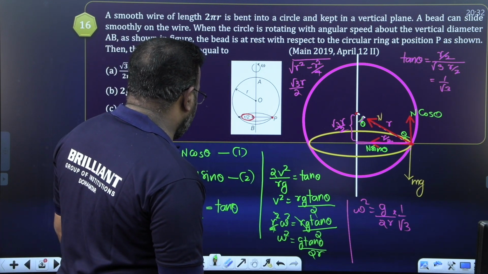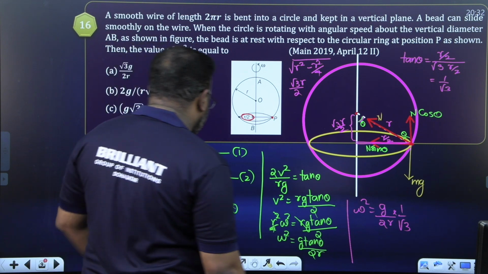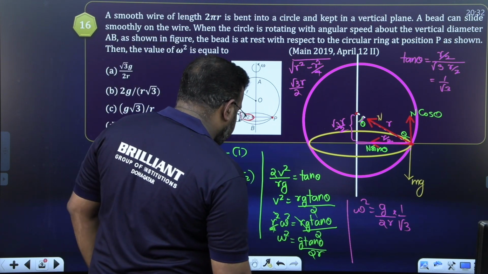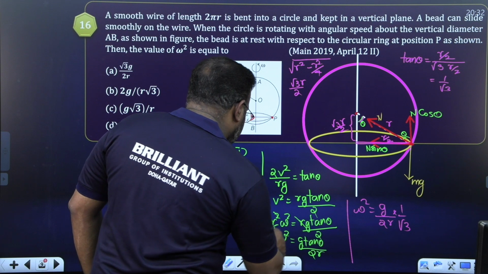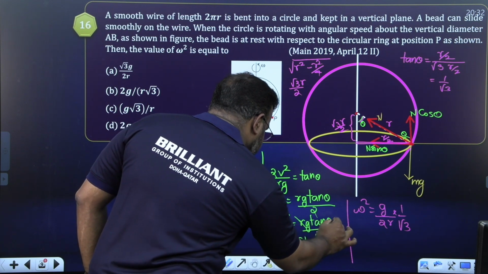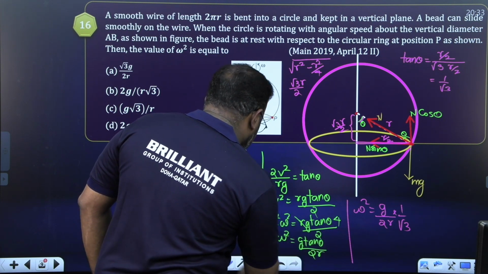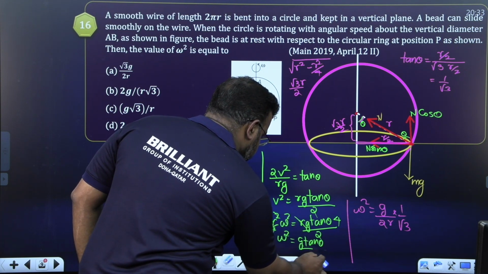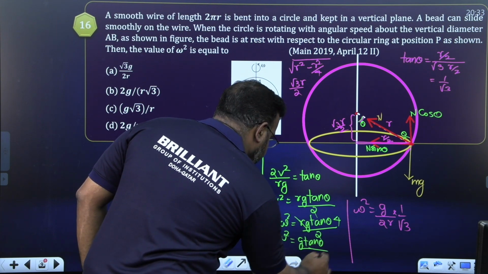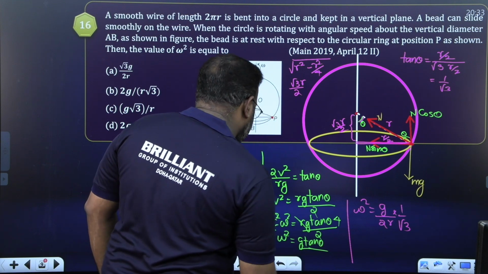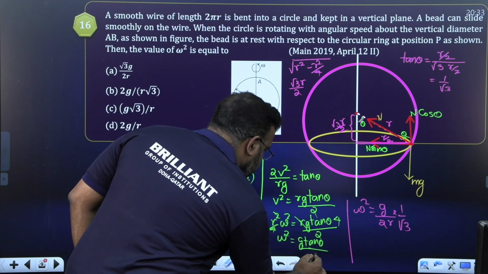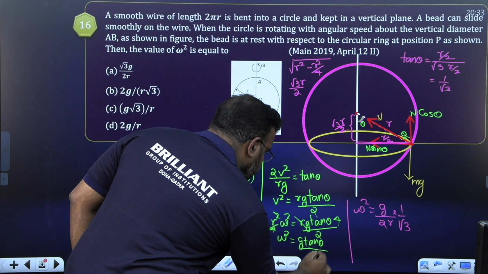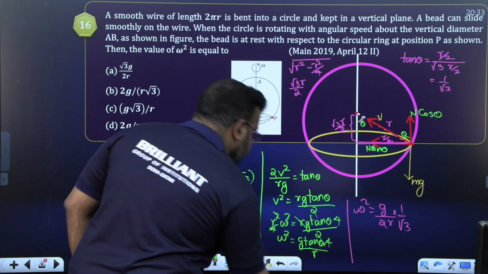R square by 4. So that 4 will come here. So 4 by 2 means there will be a 2 in the numerator. Fine, that is a mistake. That R will be here and a 4 will be here, right? Okay.